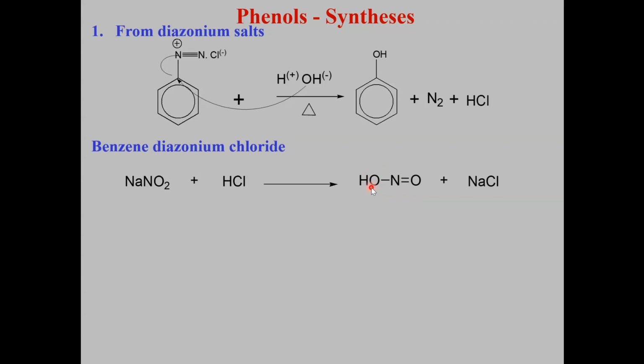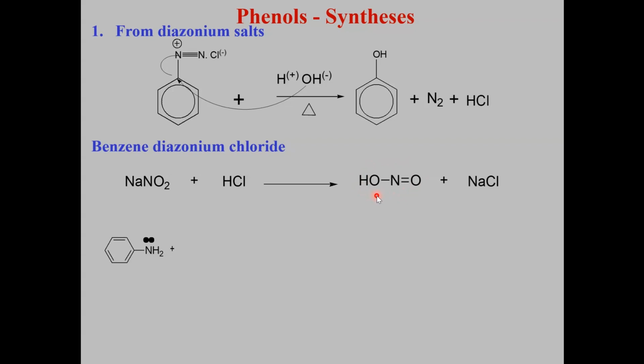I'll get nitrous acid and sodium chloride. The nitrous acid which is formed is unstable. That's why we prepare this in situ. In situ preparation means whenever we do the reaction, we make it and utilize it immediately. It cannot be stored.